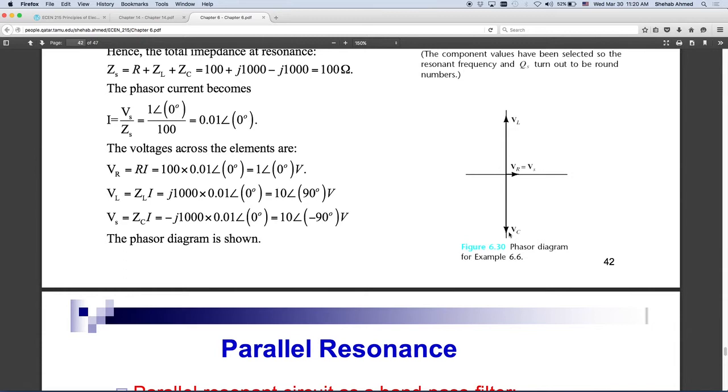It means that if this is a sinusoidal signal, in one half cycle, the voltage and current in a capacitor are in a certain polarity, and in the inductor, the opposite.